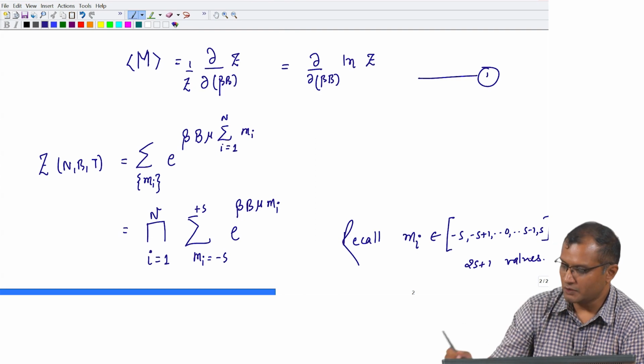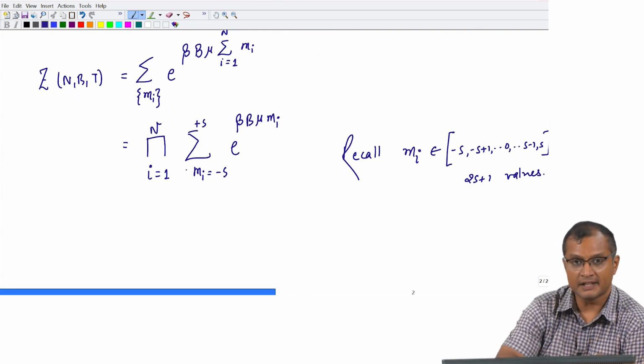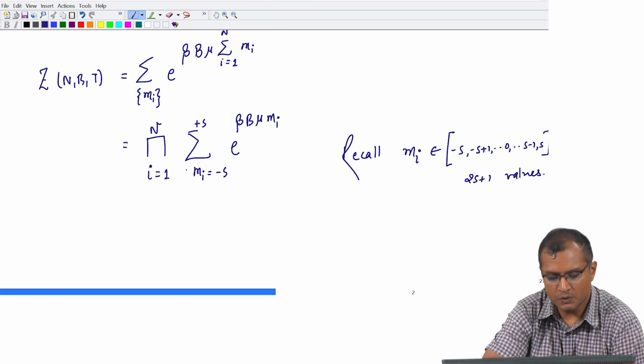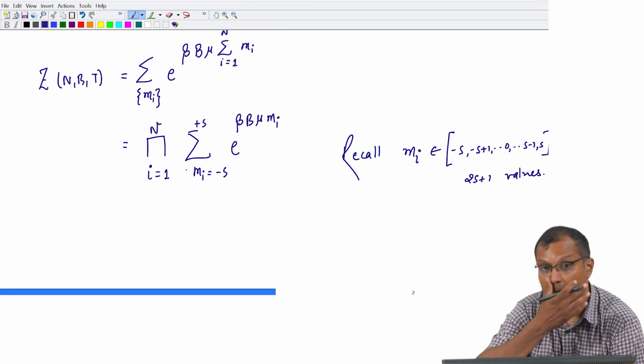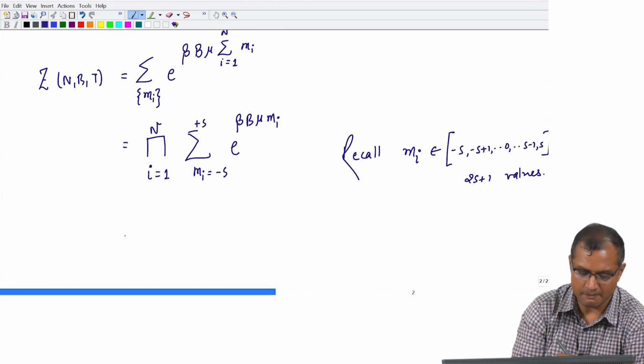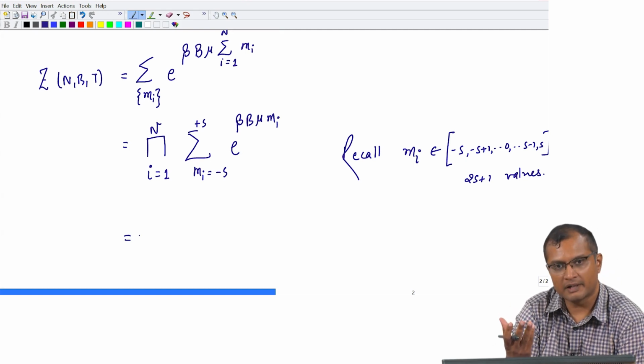Now, you can see this summation that is inside. For each i that is fixed by the product outside, you take the same values of mi from minus s to plus s and compute the sum, which means I can simply compute it for one value of i and raise everything to the power n.